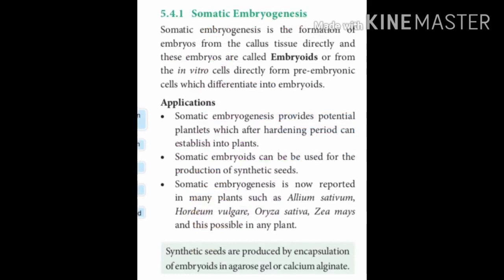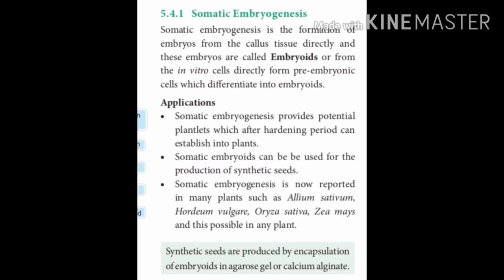We are moving into another important topic called somatic embryogenesis. So we are going to produce an embryo. It is a formation of the embryo from calyx tissue directly, and these embryos are called embryoids, or from in vitro cells directly from pre-embryonic cells which differentiate into embryoids.